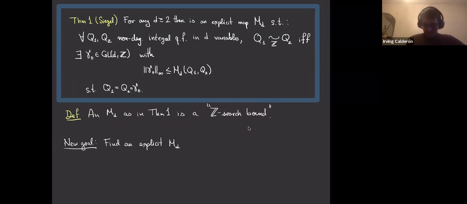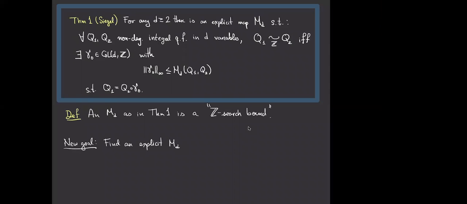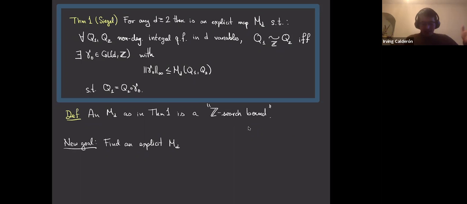And since we don't want to look for the equivalence matrix in a really, really big subset, we would like to have an MD that grows as slowly as possible.